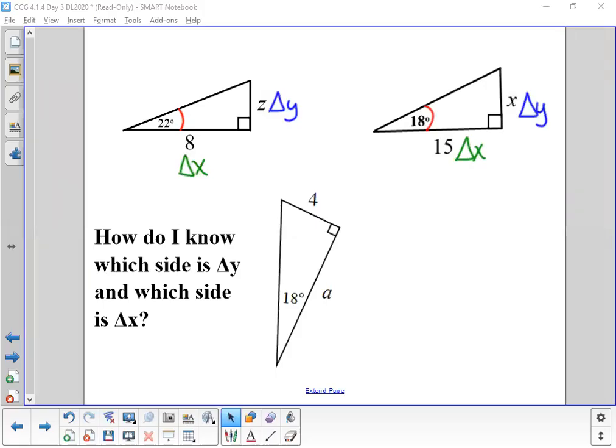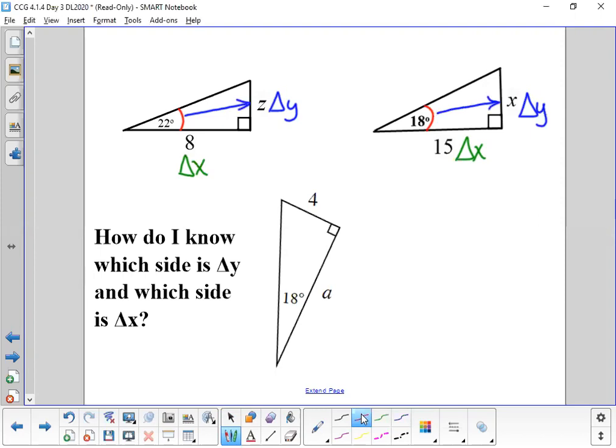What I notice here is that my delta y was always the leg that was directly across from my reference angle, the angle that I have marked. So if I am looking at this 18-degree angle down here, my delta y is going to be the side length that is across from it. So that means that the 4 is the delta y.